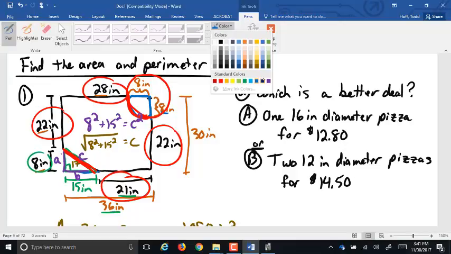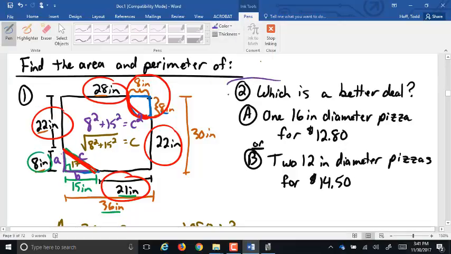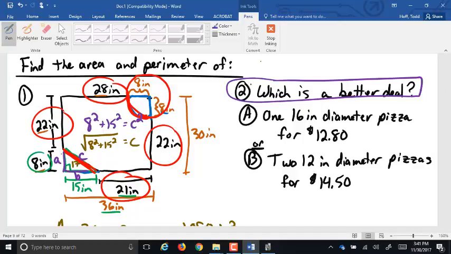For the second problem here, I asked, which is a better deal? One 16-inch diameter pizza for $12.80 or two 12-inch diameter pizzas for $14.50. There used to be a very common pizza chain that would do this.